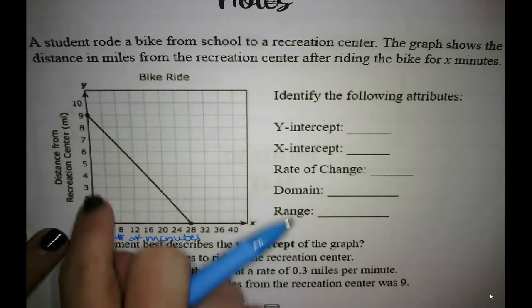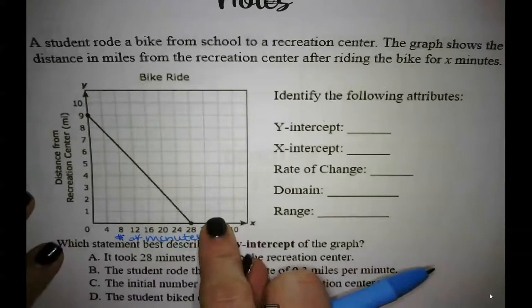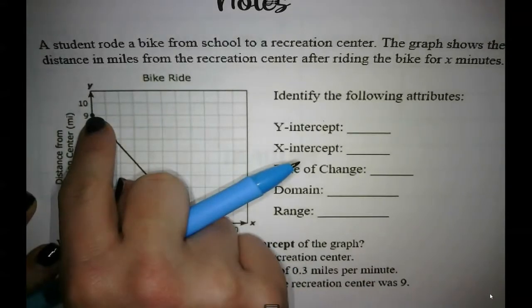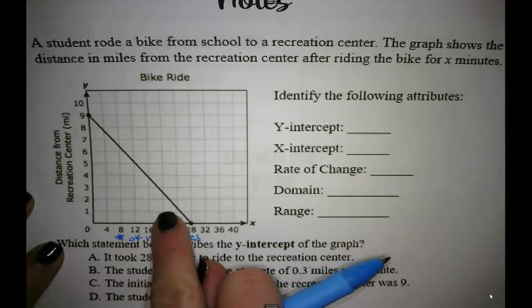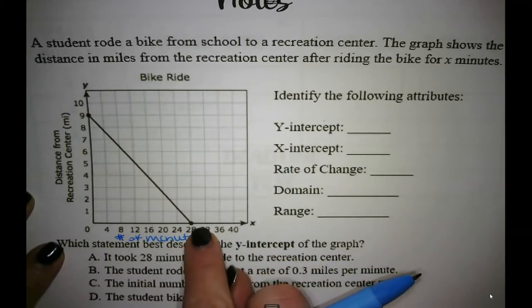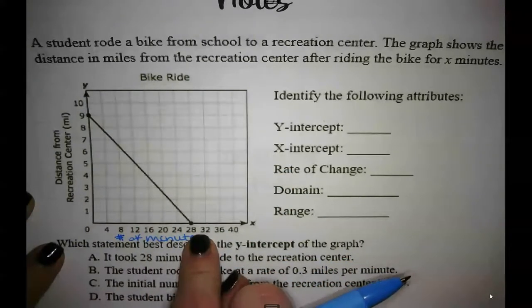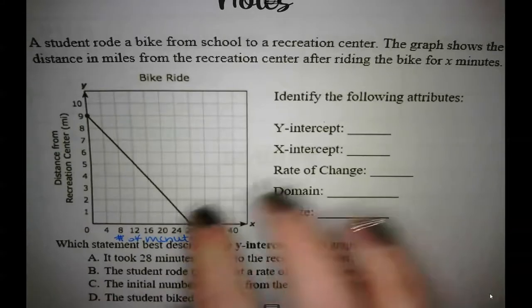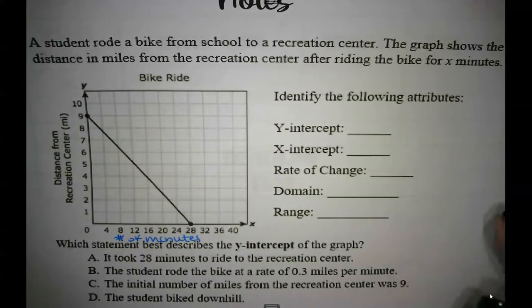So what this is showing us is that we started off 9 miles from the rec center, and over time we got down to getting to the rec center in 28 minutes. So let's identify our graph attributes.